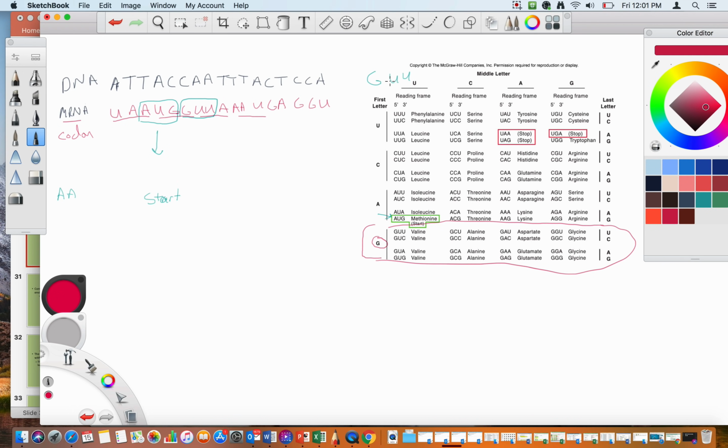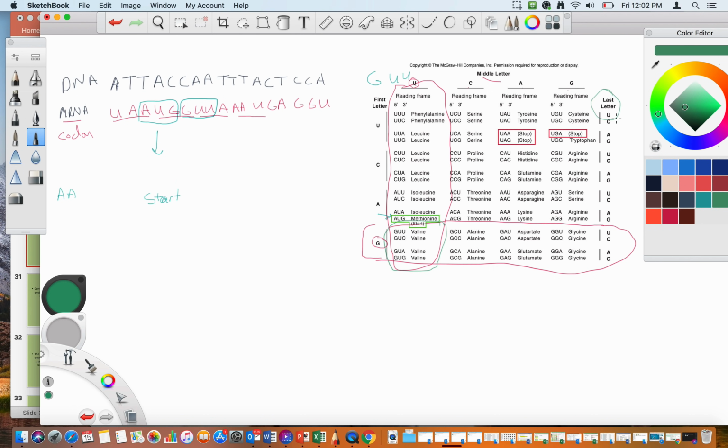Looking at our next nucleotide, U, here's our middle letter, UCAG. This middle letter determines which column you're in. All right. But since the first letter designated that we're in this row, that means that we're going to be in this box.